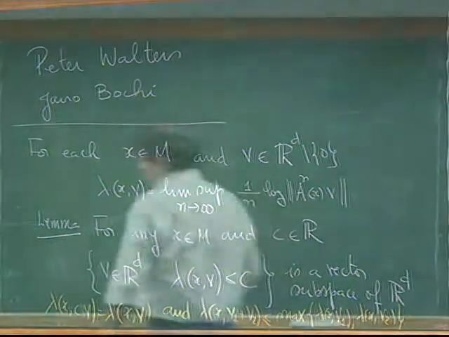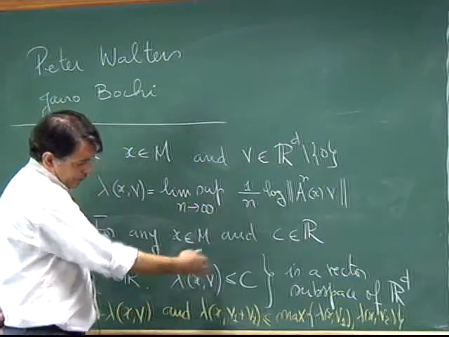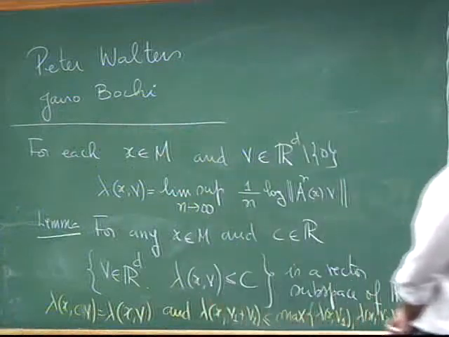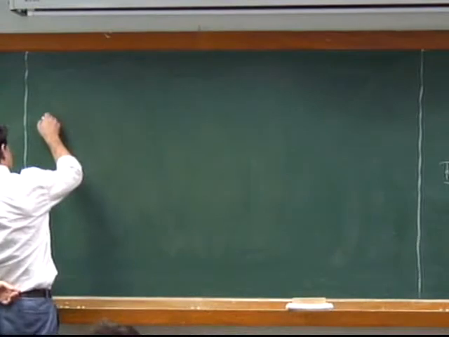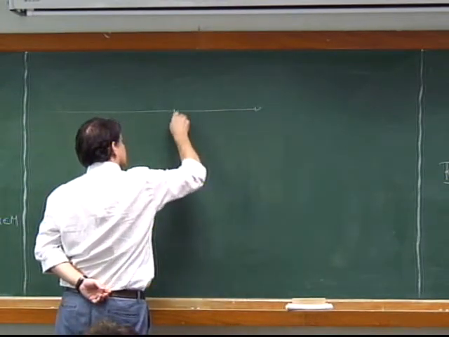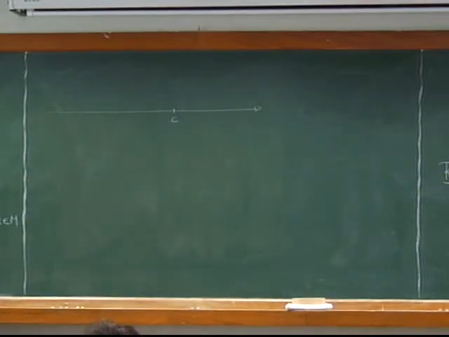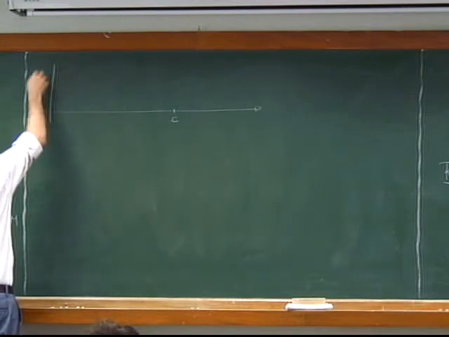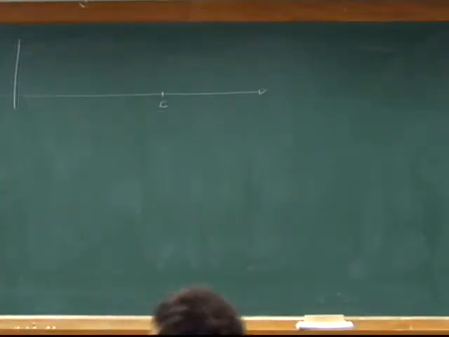Okay, so we have this lemma. For any constant c, this set is immediately a vector subspace. So what we are going to do is to take all possible values of c and look at this space. Let's call it E sub c.